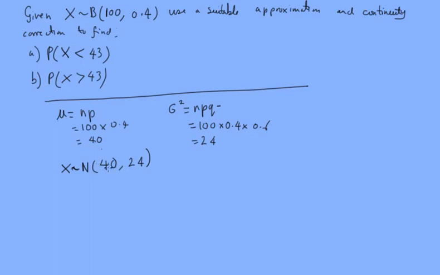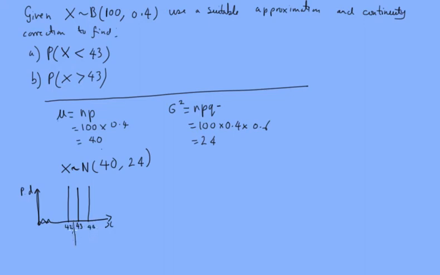Now we need to think about our continuity correction. So let's think about if we had the probability density, and there's x, and here's our value for 43. Here's our value for 42, and here's our value for 44.